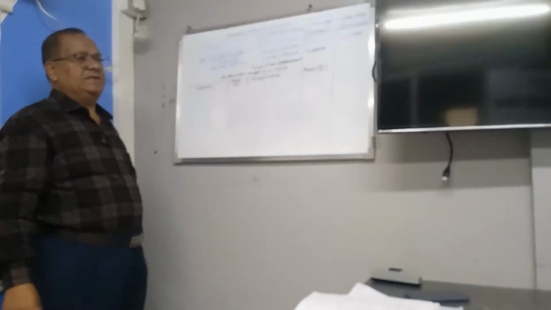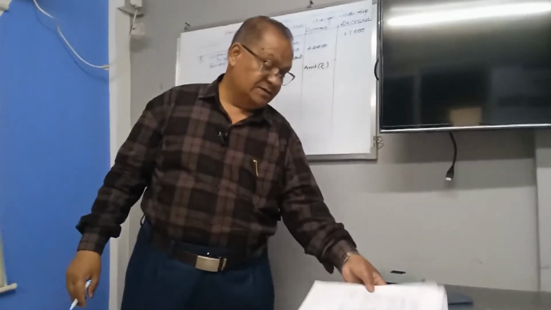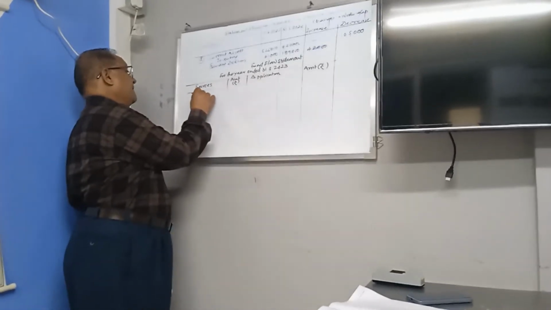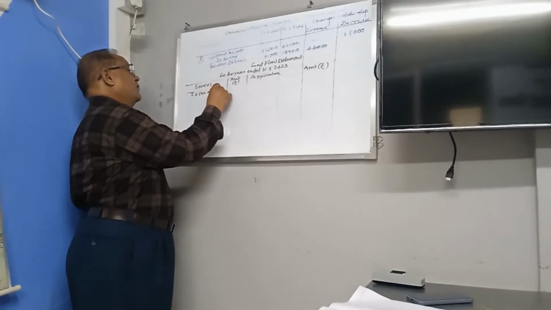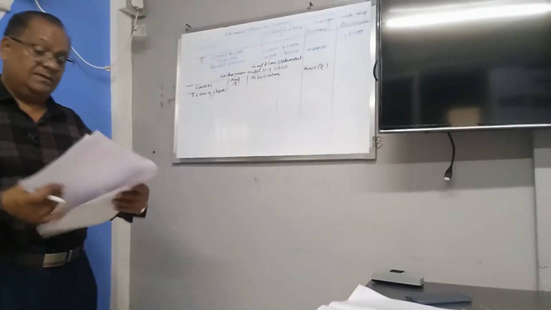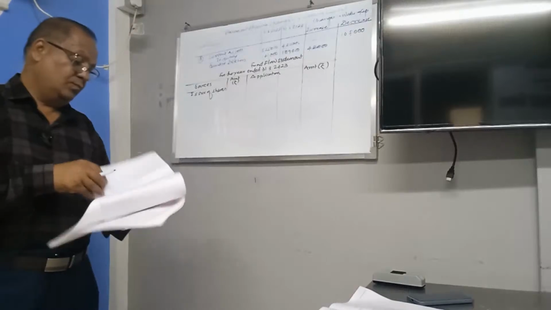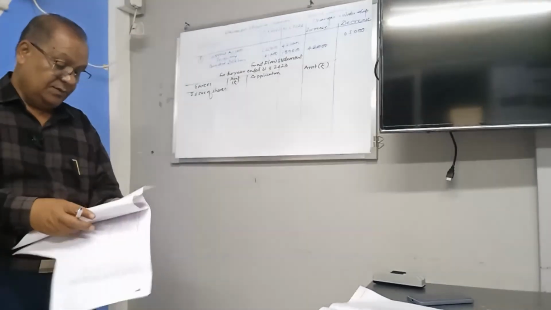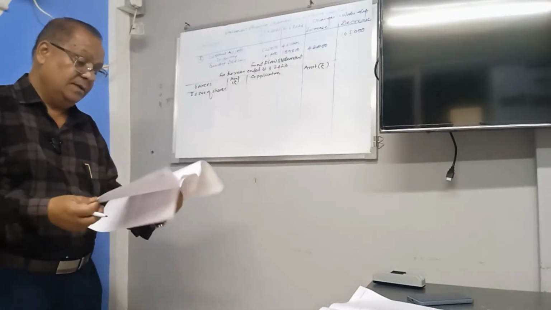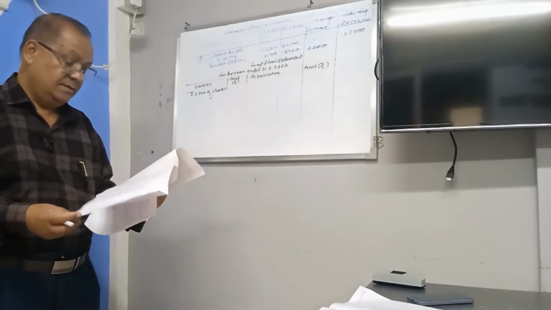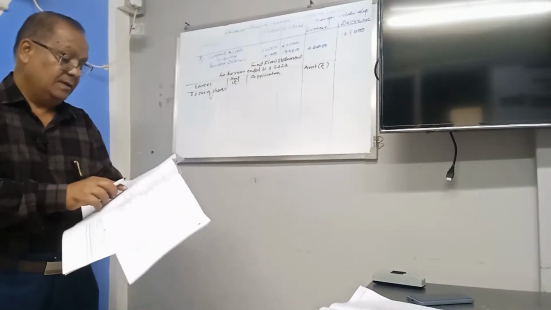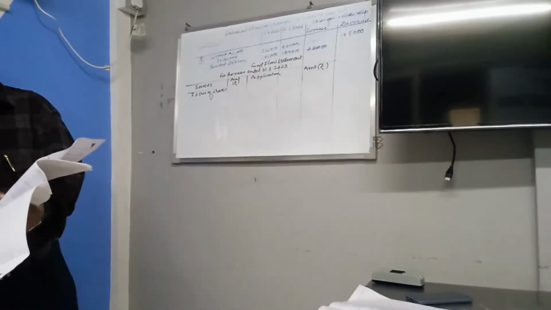Now for this we'll see what are the things that can come across. First will be issue of shares. Issue of shares means how many shares are being issued. Shares increased from 735 to 787,500.